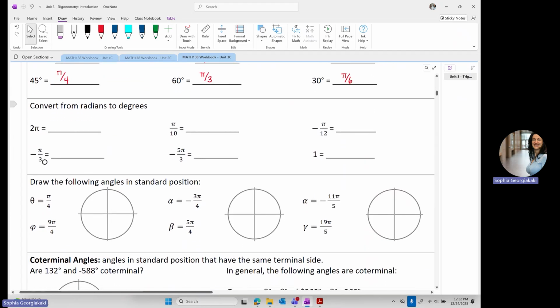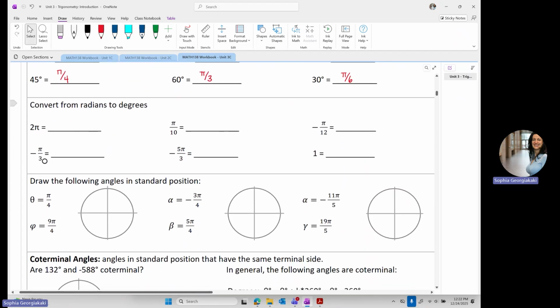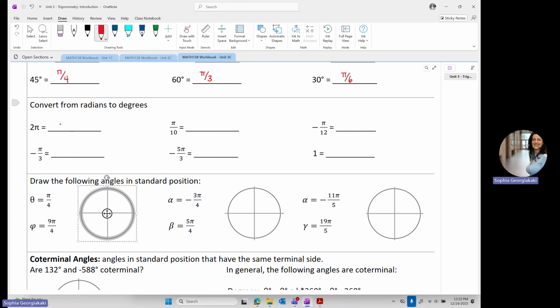So backwards, and again, if I don't want to use my calculator too much, 2 pi will be 2 times 180, so 360 degrees. Pi tenths will be 1/10 of 180 degrees, so 18 degrees. Negative pi 12ths will be 1/12 of 180 degrees.